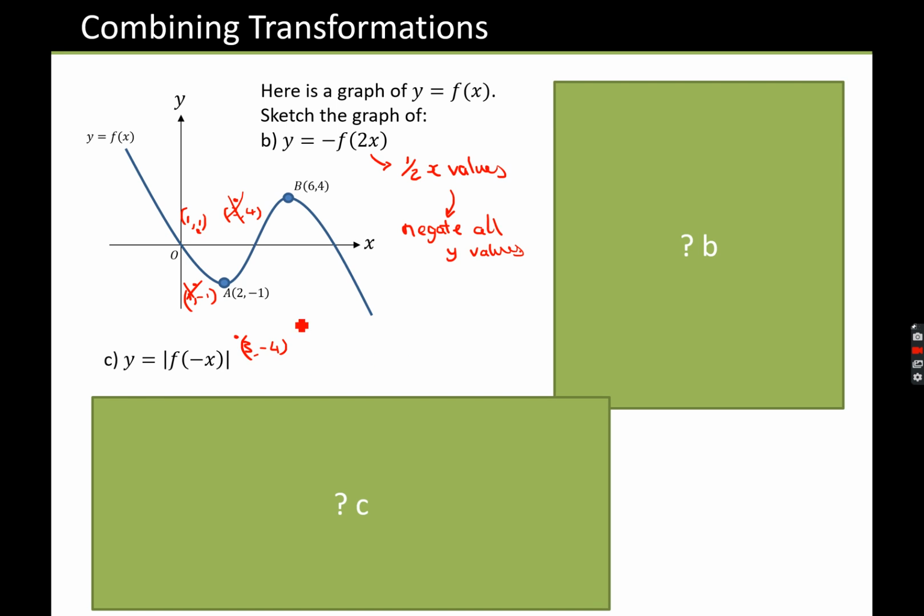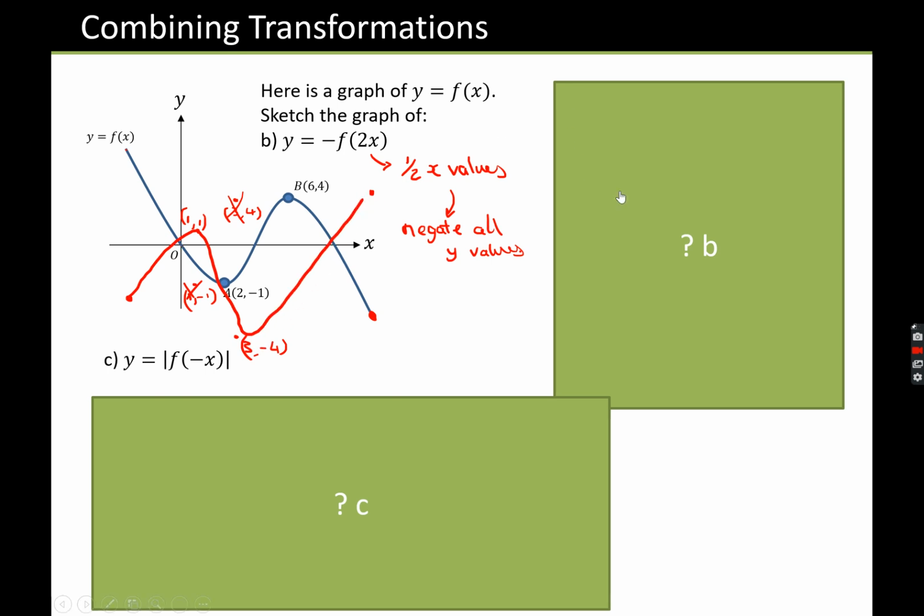And I can think about what my graph's going to look like. Because I've had to negate all y values, the point where it starts from is going to end up here. The point where I end from is going to come down here. My y-intercept here is not going to change because I've just multiplied. So I can start sketching through what my graph's going to look like.